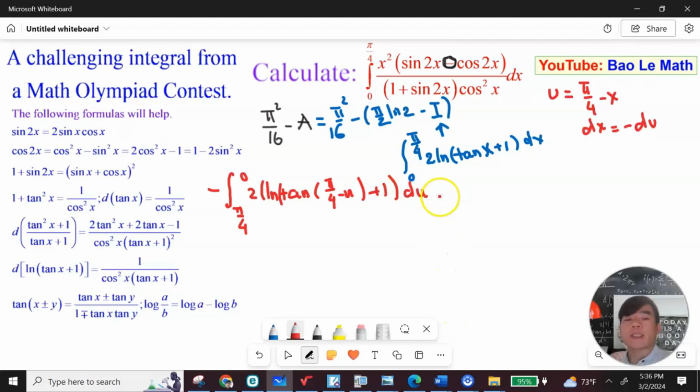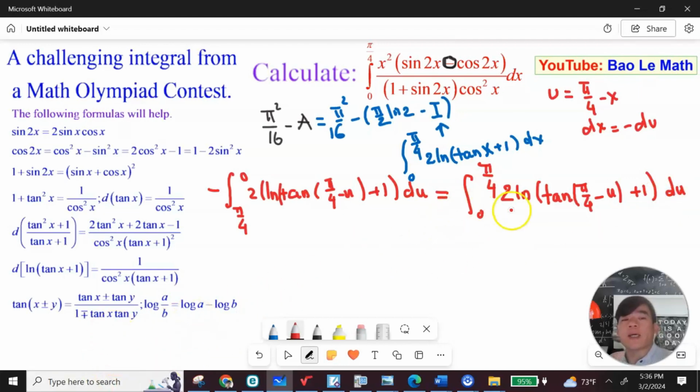So I just flip the bounds right here, and then this side becomes positive. So basically it's going to be 0 to pi over 4 of natural log of tangent of pi over 4 minus u, plus 1, du.